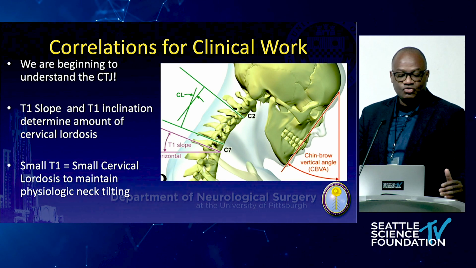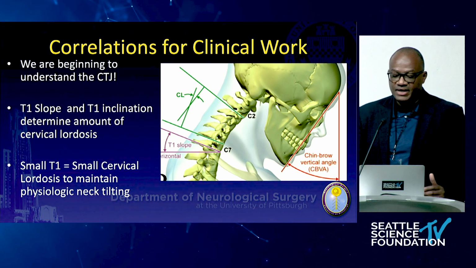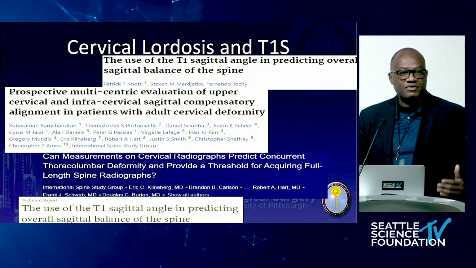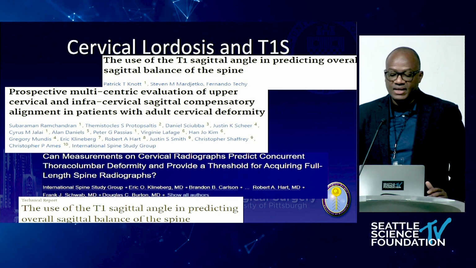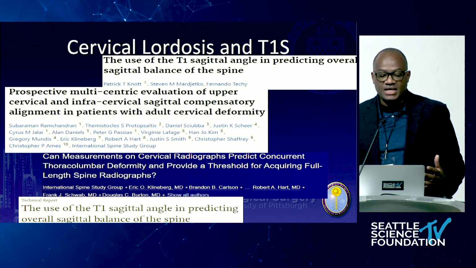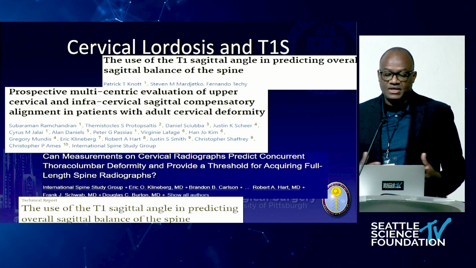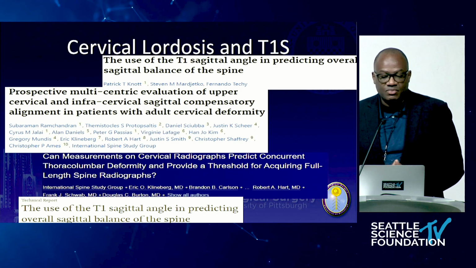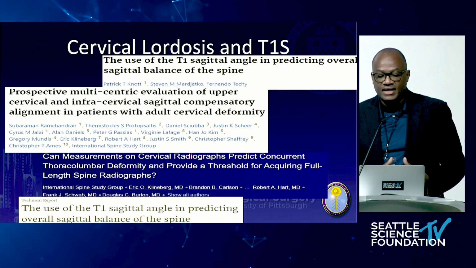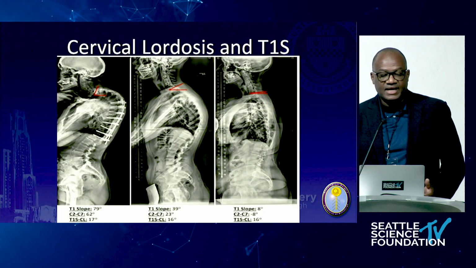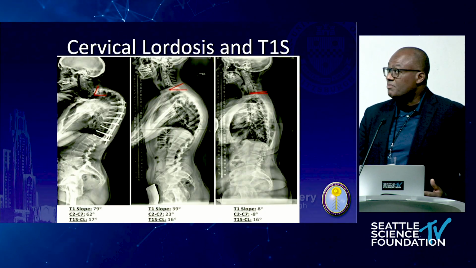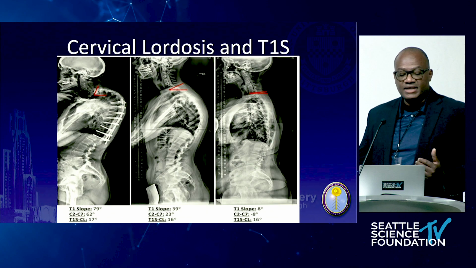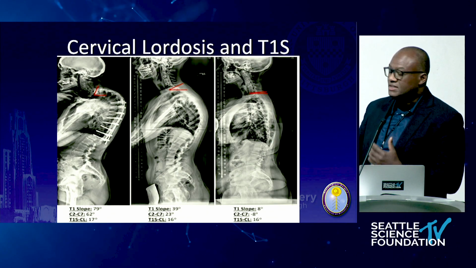So what are some of the drivers that we need to be aware of? Paper after paper over the last decade is showing how much cervical lordosis you need based on your T1 slope, sagittal alignment.